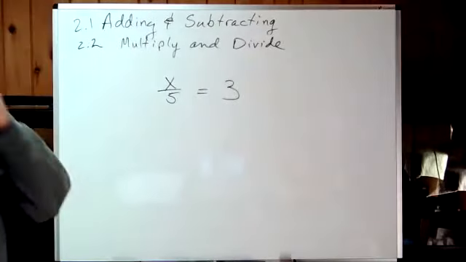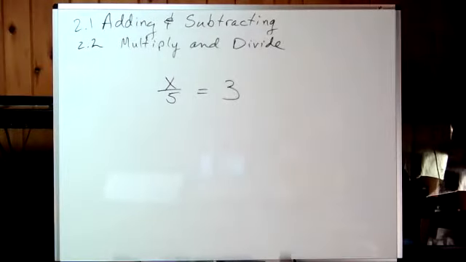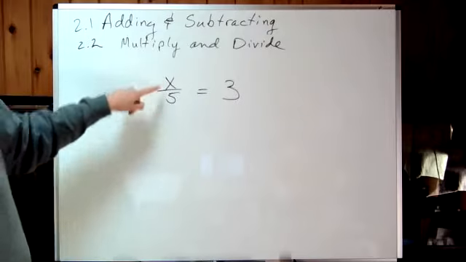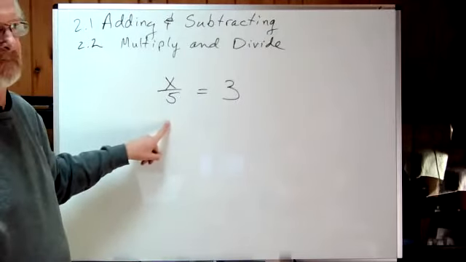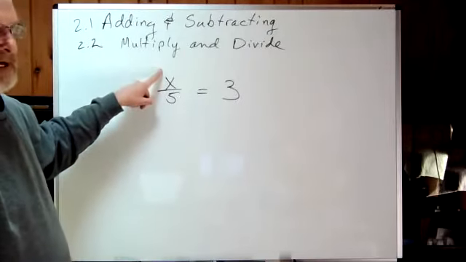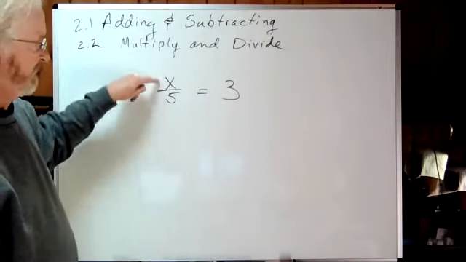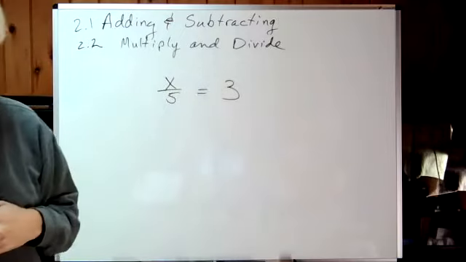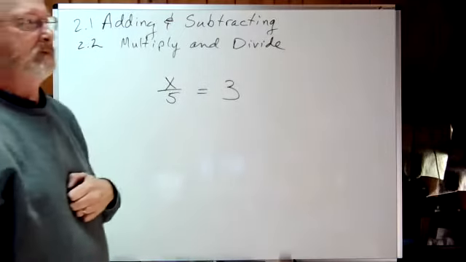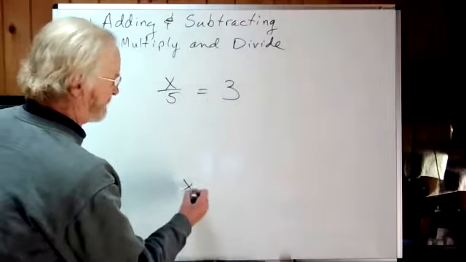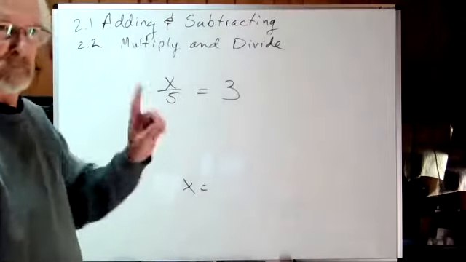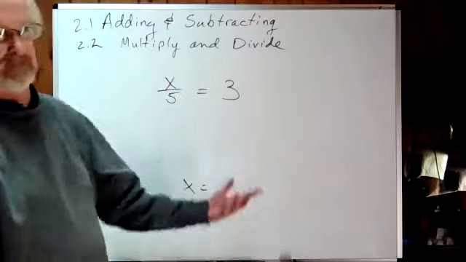Here's an example of that kind of problem. Here we have our variable and it's divided by 5. However this expression came to be, if you divide that quantity by 5, you end up with a 3. Well, I want to boil it down to x, plain old x, 1x equals something.